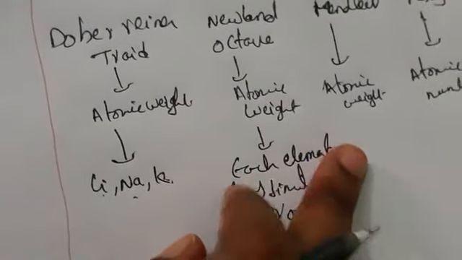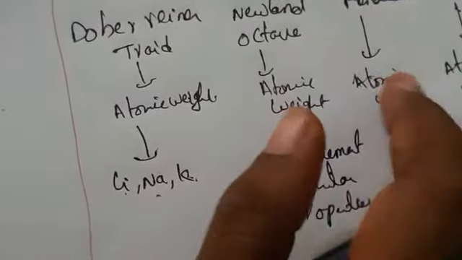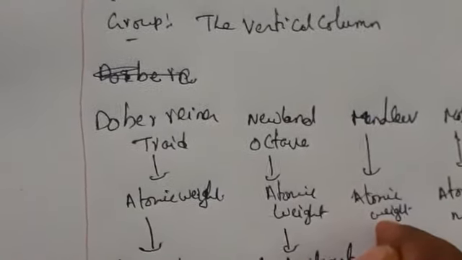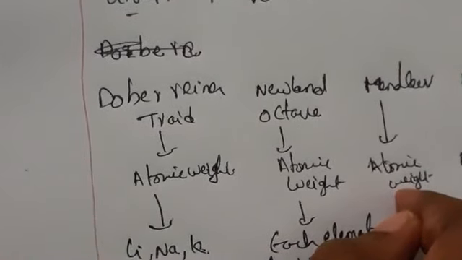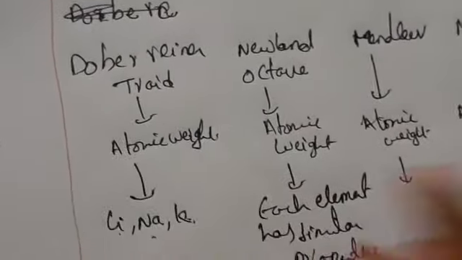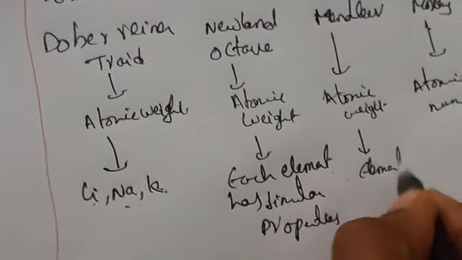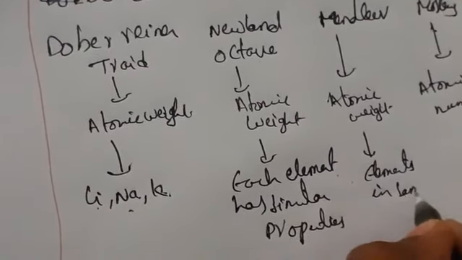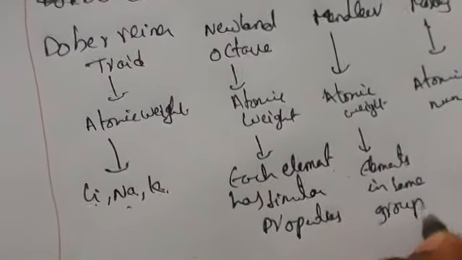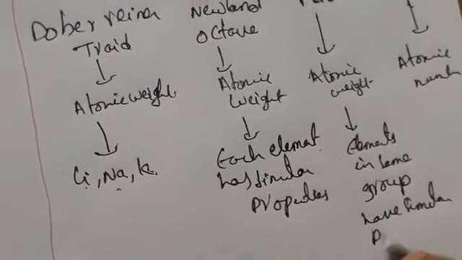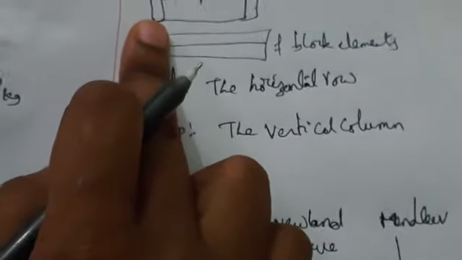Coming to Mendeleev, he said elements in the same group have similar properties. For example, in the first group we have hydrogen, lithium, sodium, potassium. If you take s group elements, they have similar properties.